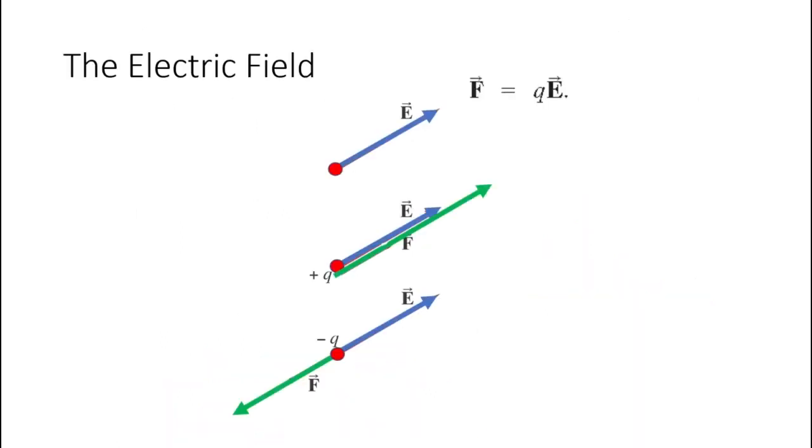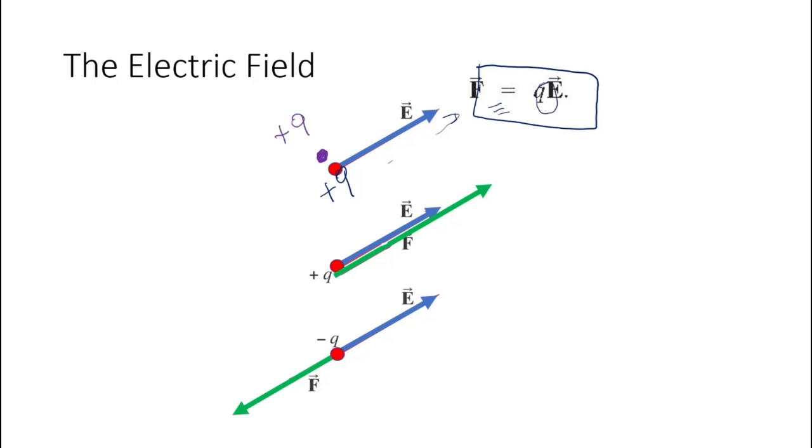Now let's say we have an electric field E vector, and in this electric field we are going to introduce an electric charge Q. Let's say we call it plus Q. Once we introduce an electric charge to this electric field, this charge will experience an electric force, and this electric force is given by this formula, F equals Q times E. The direction of this electric force depends on the charge.